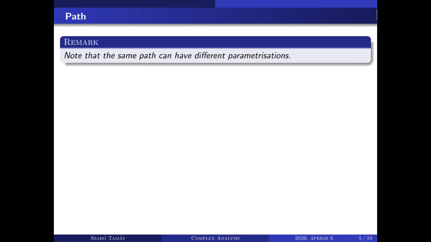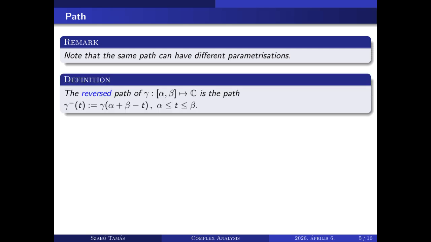Note that the same geometric path can have different parameterizations. The reversed path of gamma is defined by gamma minus of t equals gamma of alpha plus beta minus t for alpha less than or equal to t less than or equal to beta.